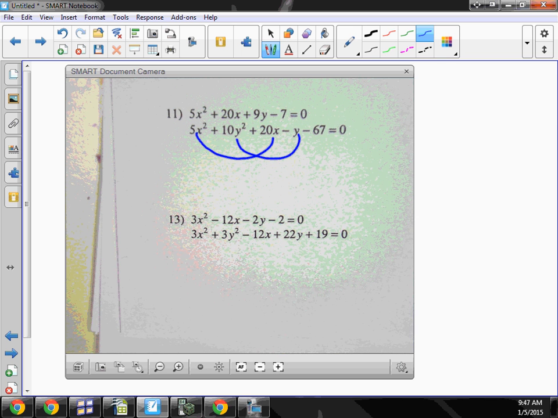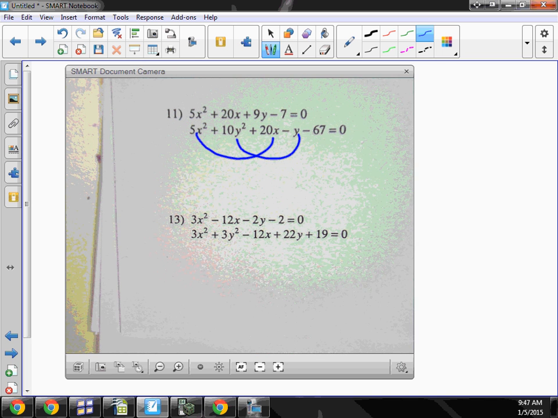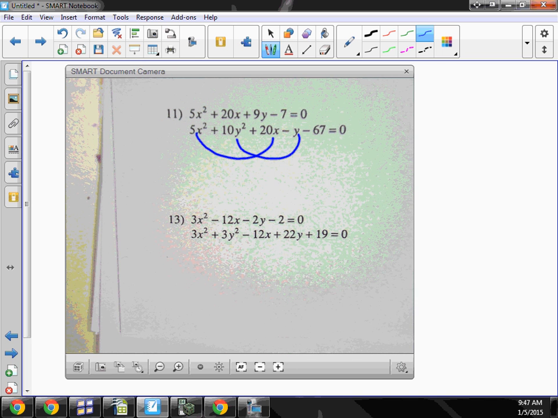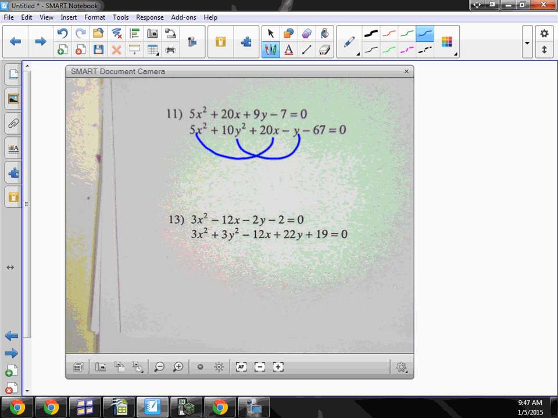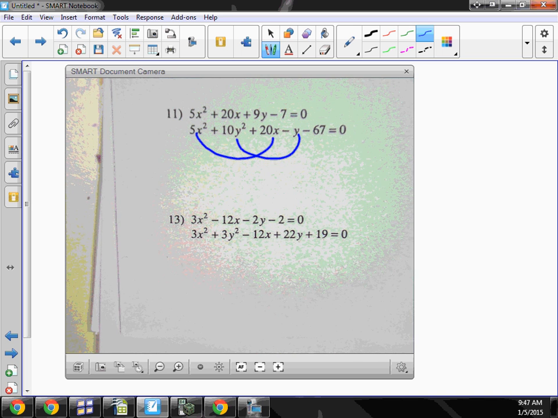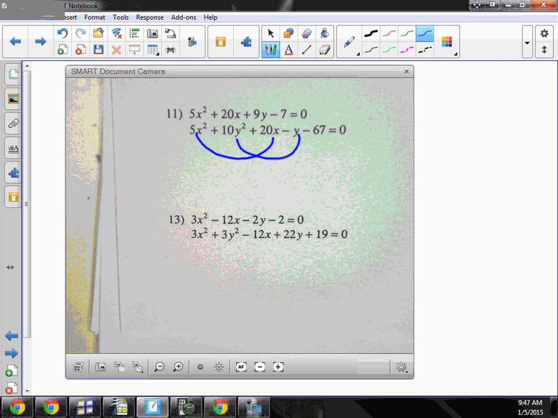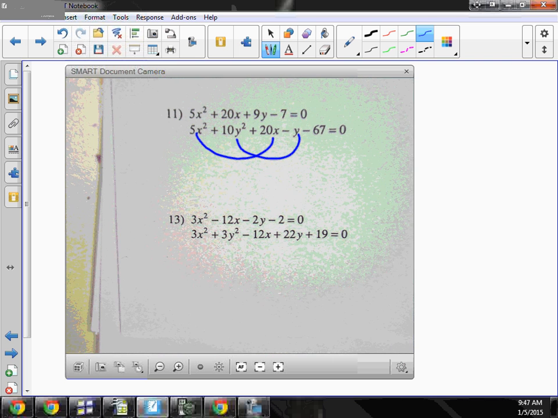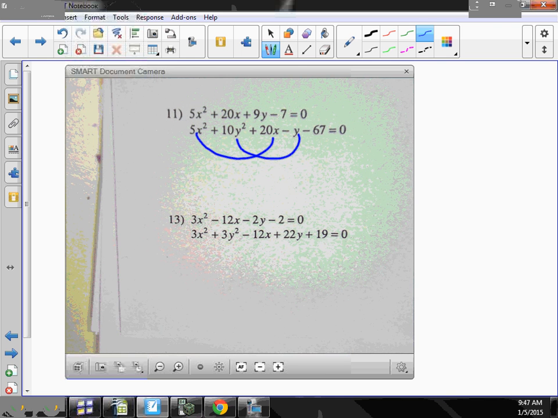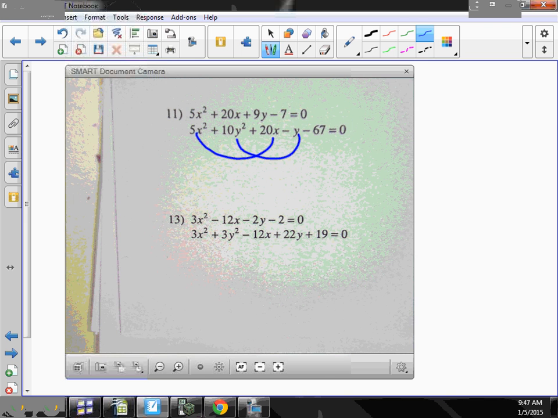So factoring's out. The other way is to use the quadratic formula. So you would need to use the quadratic formula for y, but there are going to be x's inside the quadratic formula, so it would be negative 20 plus or minus the square root of something with a bunch of x's inside. It's a mess. So we don't do that. So the bottom has no way to solve for x or for y that's easy.